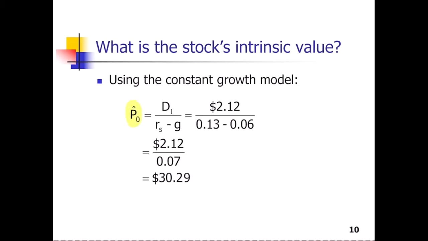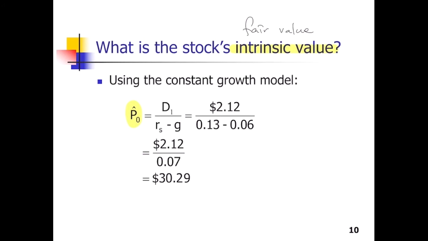P0 hat means intrinsic value. This is a true price, not a market price. Intrinsic value in Korean is 내재가치, and we also call this fair value. Fair value or fair price. Fair price in Korean, 적정가치.